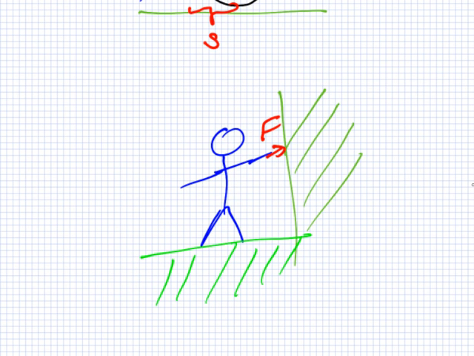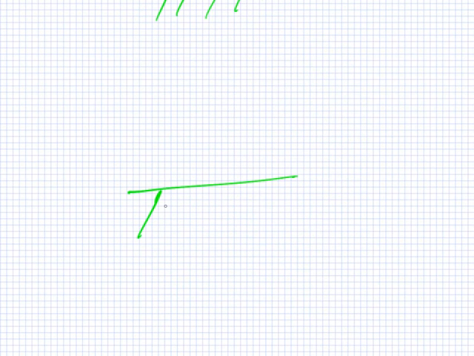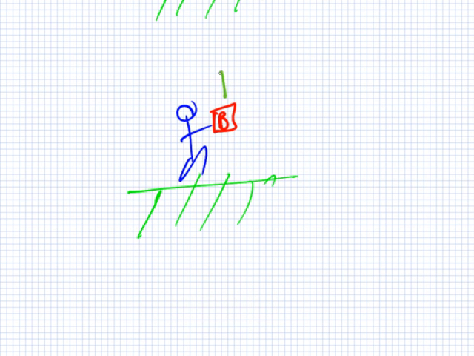And the last one, a father carrying his child. I think there is no work there. Again, this is one of the complicated ones, the father and then the child, baby again. The father is giving a force up, but what's the distance? Imagine the father's moving this way.